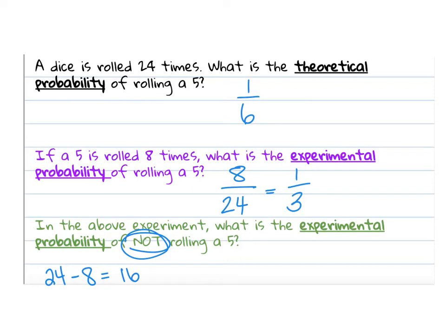So the experimental probability would be 16 out of 24. And now if I simplify that, I can divide them both by 8, which would be 2/3, which makes sense since 1/3 plus 2/3 equals a whole. So you could think about it that way too.